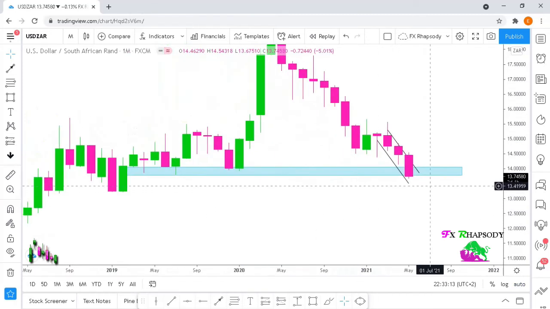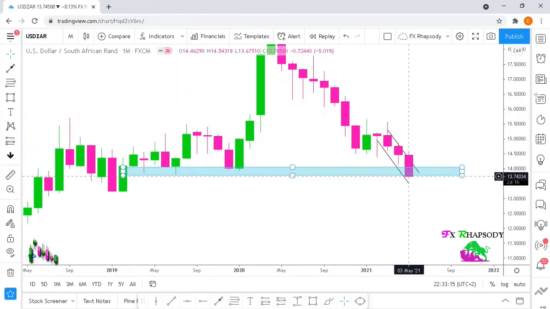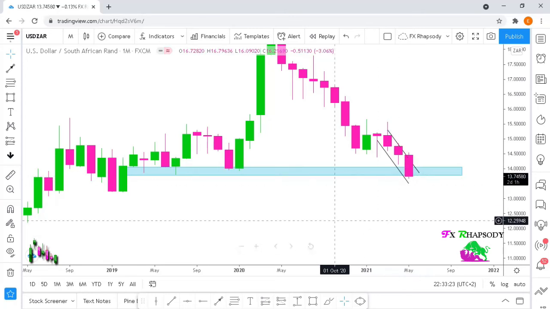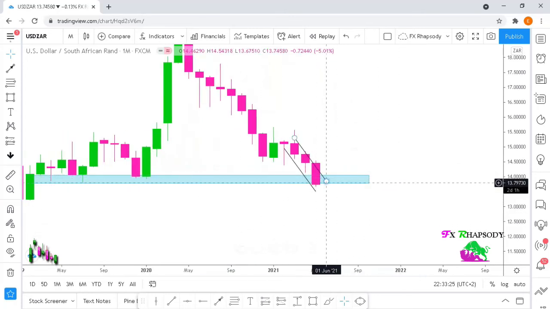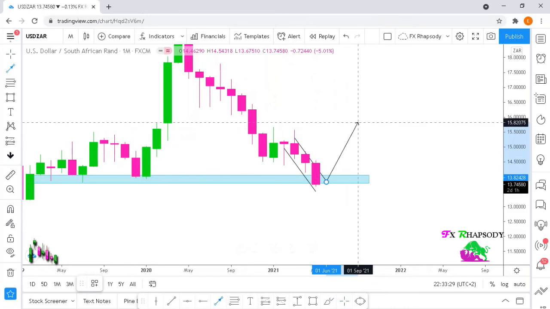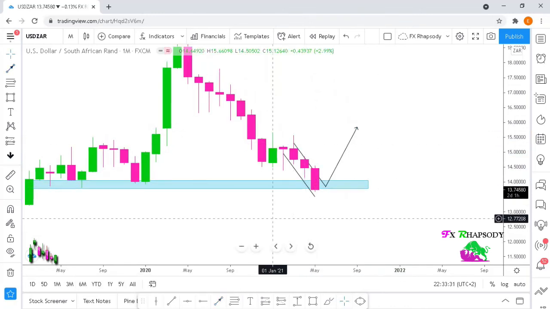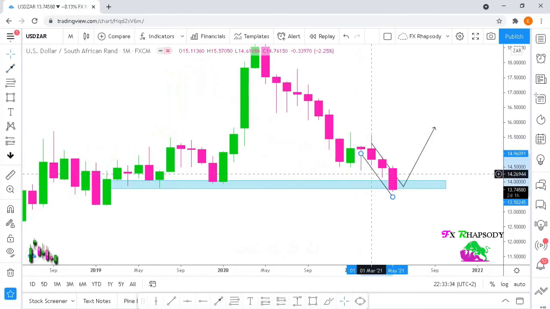This candle might pull back even more. The daily candle might break above that resistance, and we can see this support area holding up, where from here the rand might start getting weaker, the dollar getting stronger. The dollar-rand might go up then.